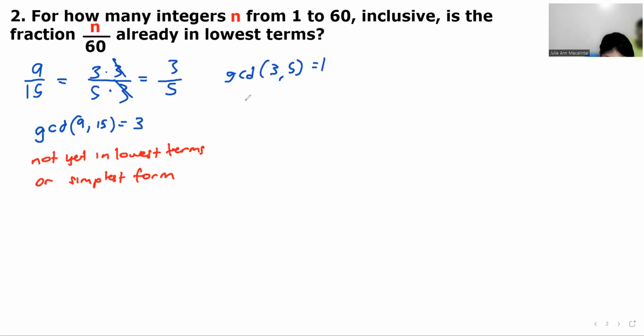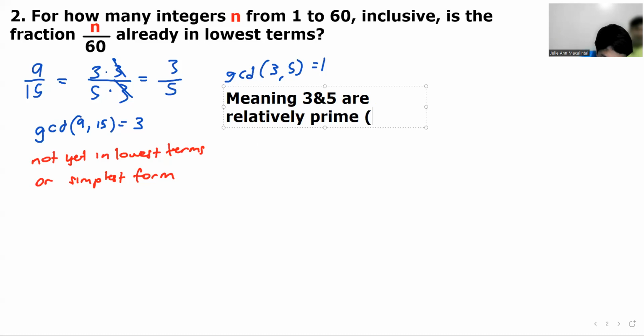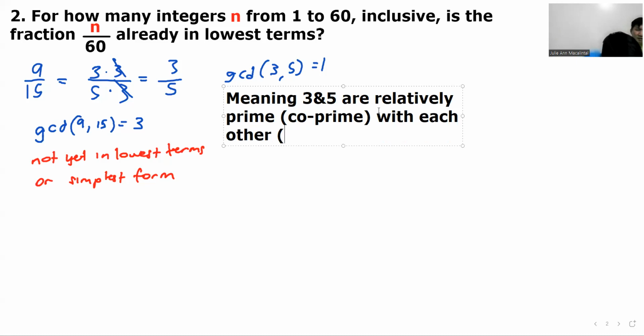Okay, you're right. For our viewers who are trying to learn, 3 and 5 are relatively prime or co-prime with each other.